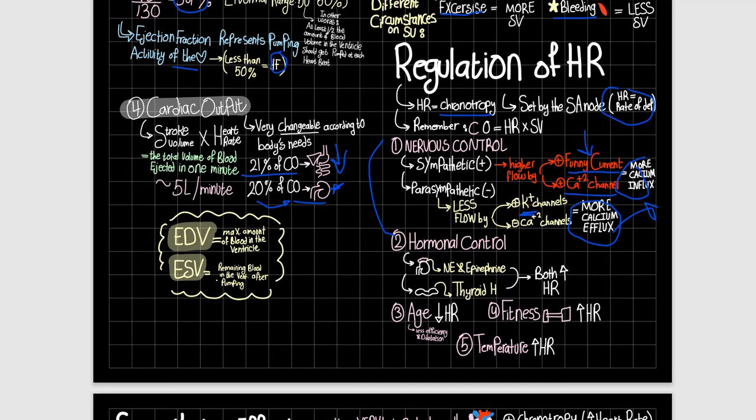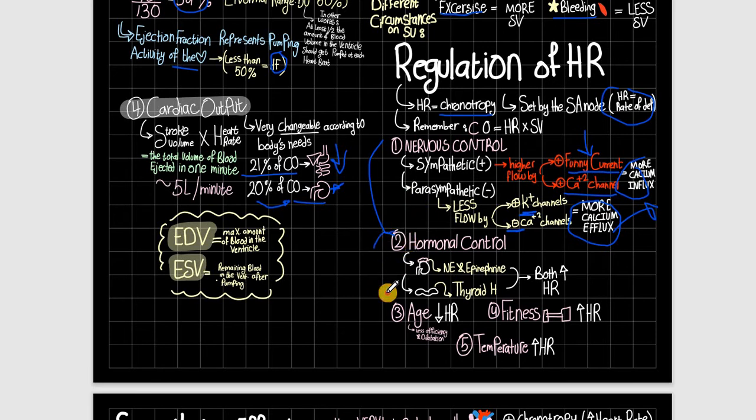Because opening of the channels of potassium means more potassium going out, means that we are going to be stuck in repolarization, and this will inhibit depolarization and thus decrease heart rate. So the parasympathetic nervous system decreases heart rate by activating the potassium channels and by decreasing the calcium channels. This is the first control.